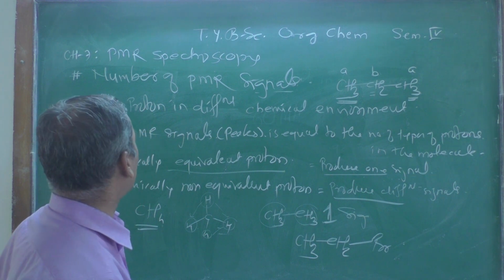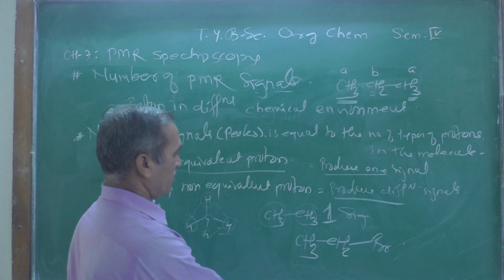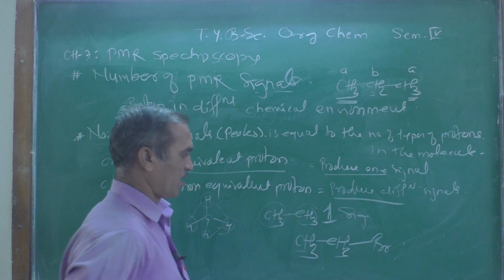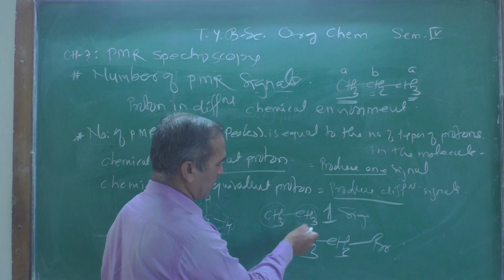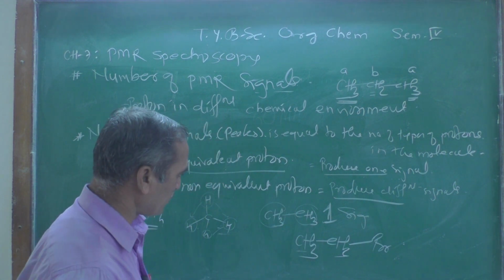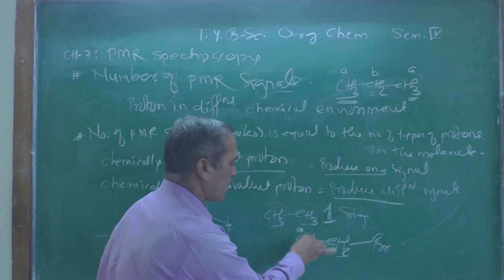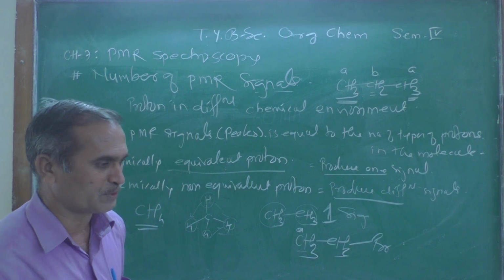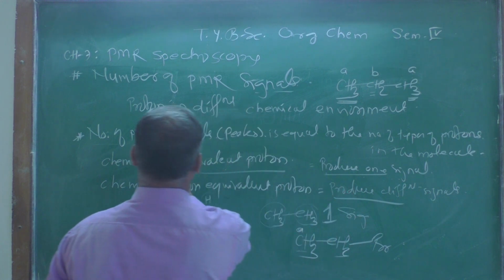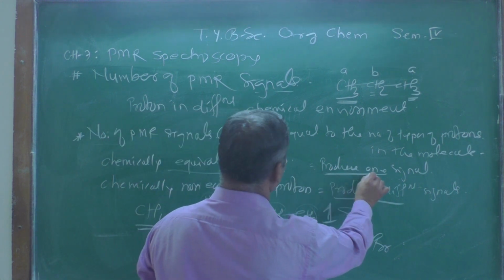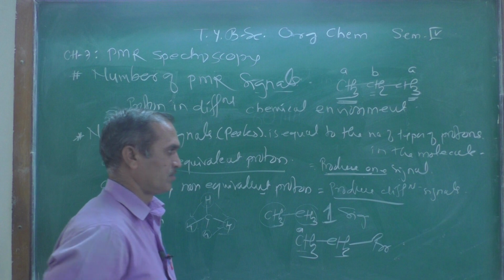Here we are talking about PMR spectroscopy, proton magnetic resonance. Here is a methyl group, and here is a methylene group. The 3 protons of the methyl group are chemically equivalent, and therefore you can label them as A. All 3 protons will produce only one signal. Chemically equivalent protons produce one signal, chemically non-equivalent protons produce different signals.